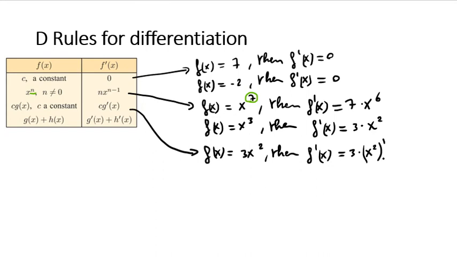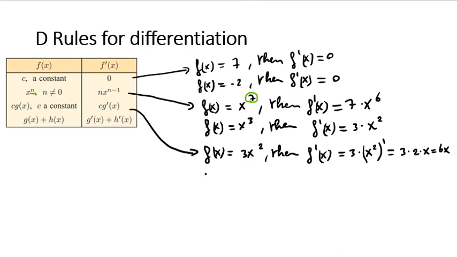And the derivative of x to the power of 2 is equal to 2 times x to the power of 1. Because you move the exponent to the front and you lower the exponent by 1. So the derivative is equal to 6x.